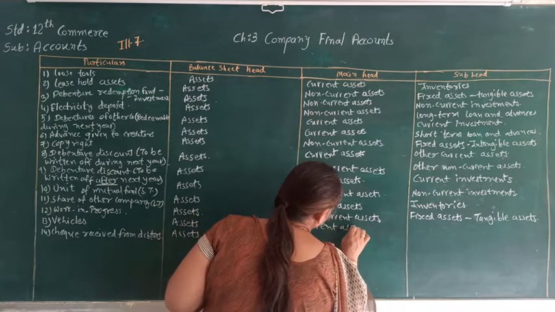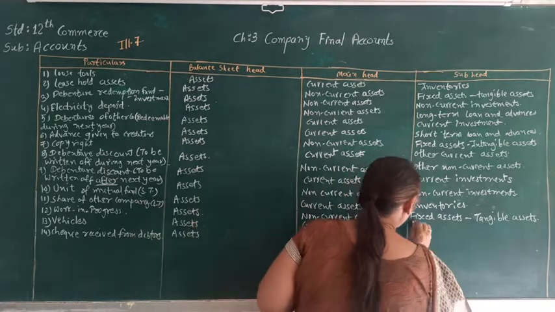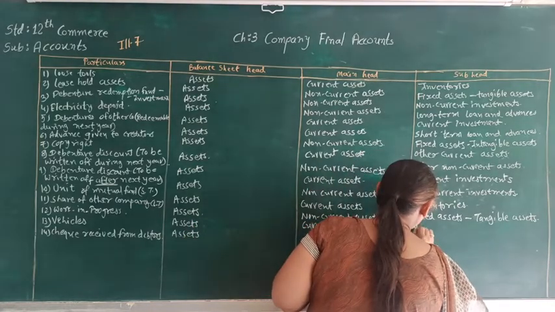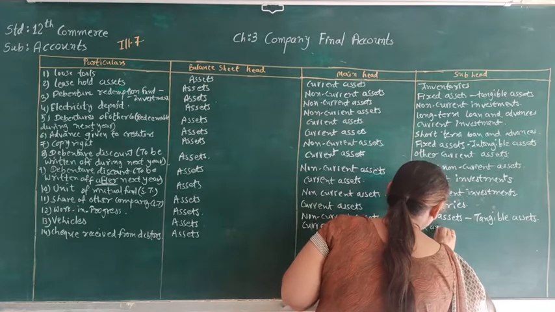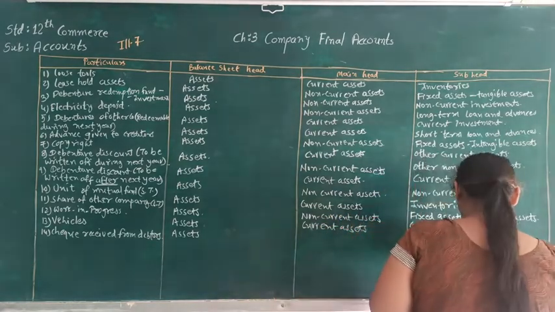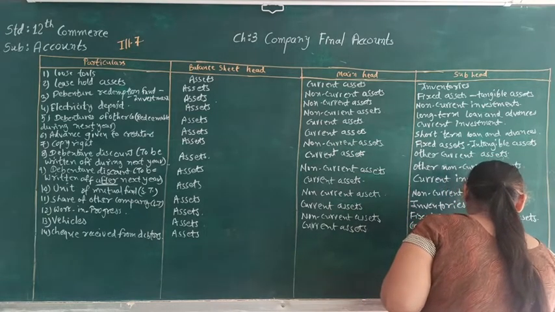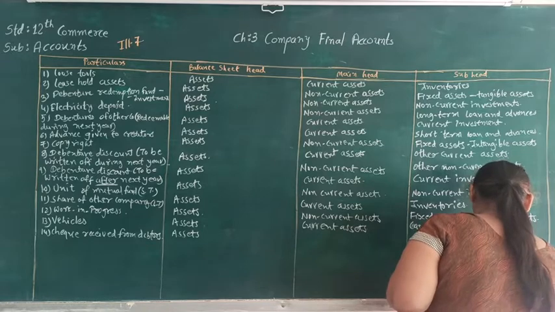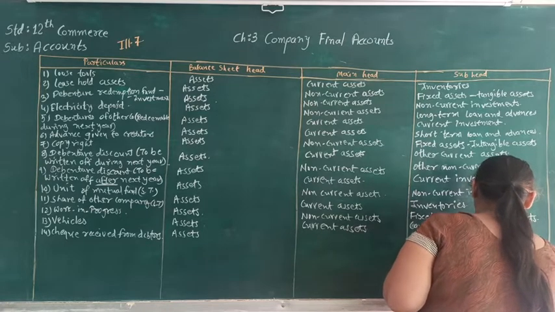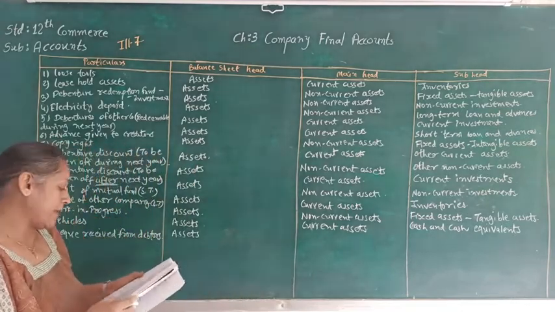Under the head current asset, this will be shown under cash and cash equivalent.